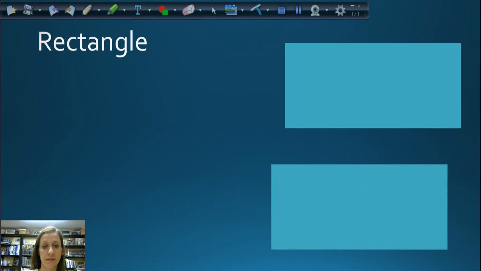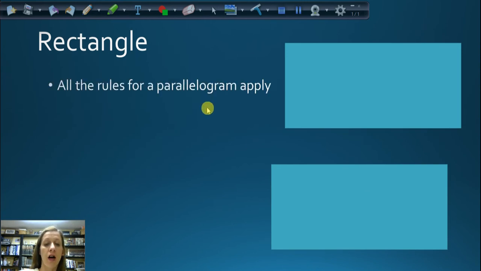Next is a rectangle. So first of all, the rules that we just talked about for a parallelogram apply. These sides, the top and bottom, are going to be congruent and parallel. And then the sides will also be congruent and parallel.